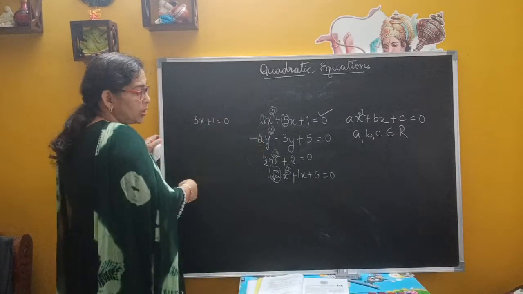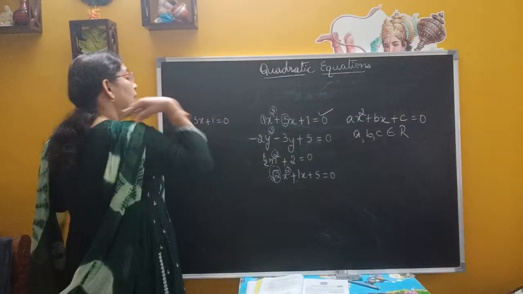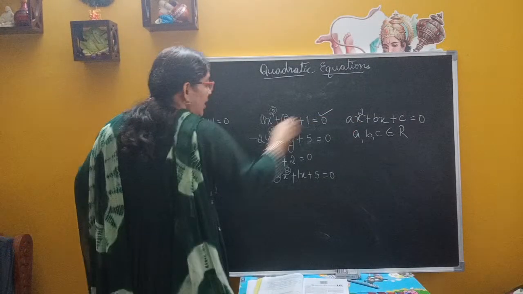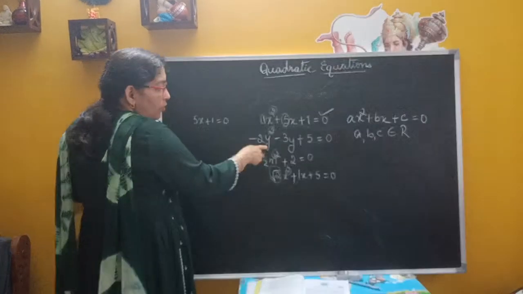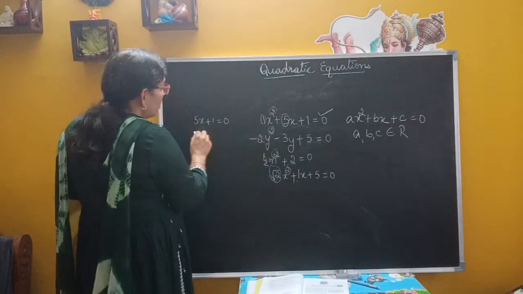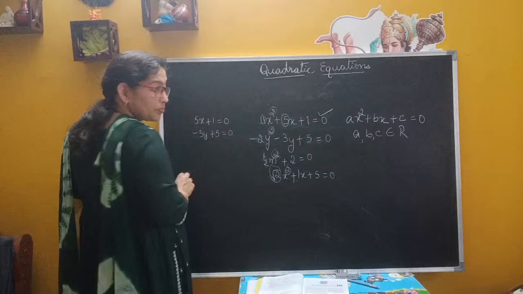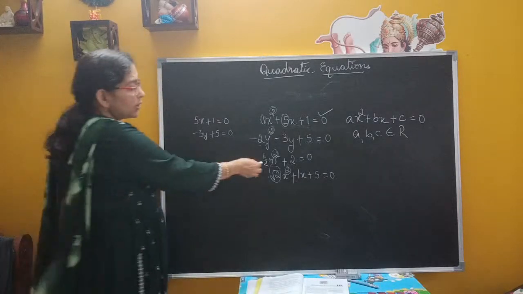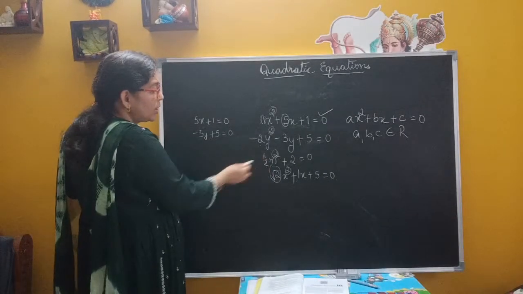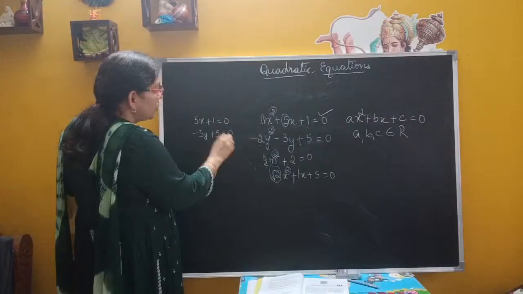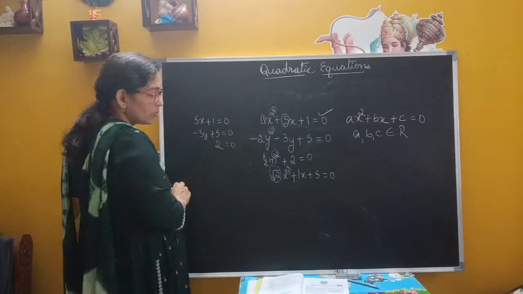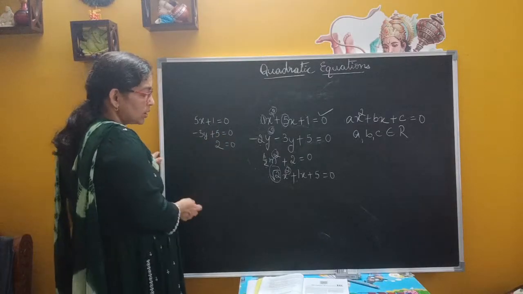Suppose in the second equation, in place of minus 2, if I have a is equal to 0, then what do we get? 0 into y square is 0. We get minus 3y plus 5 is equal to 0. See the third one. Here also if a is equal to 0, what happens? We get only 2 is equal to 0, a constant.